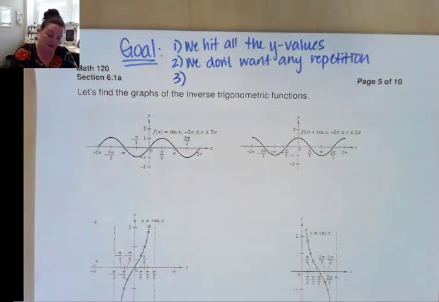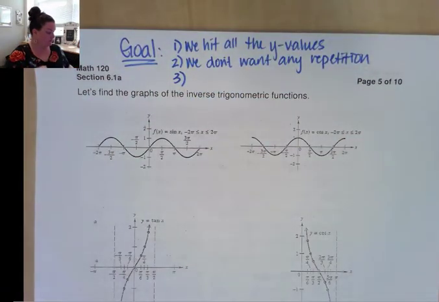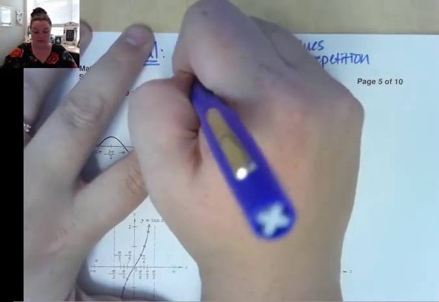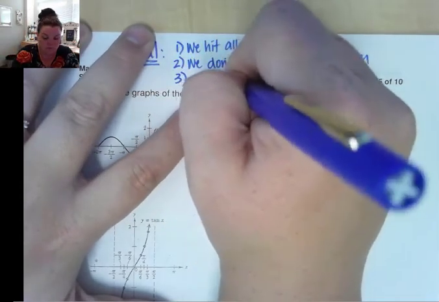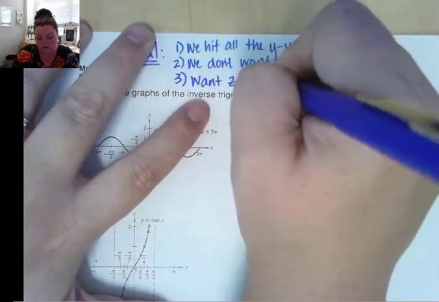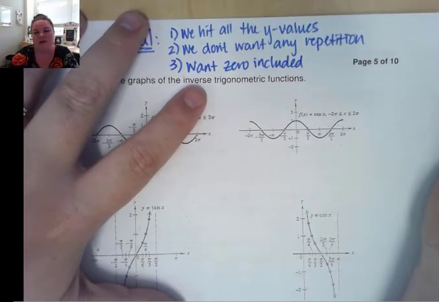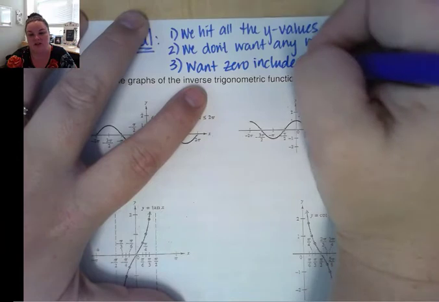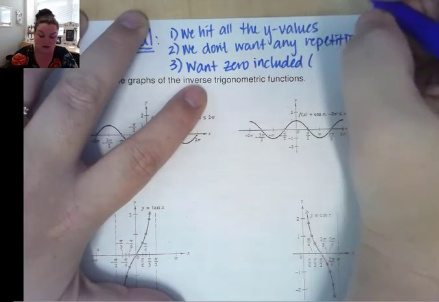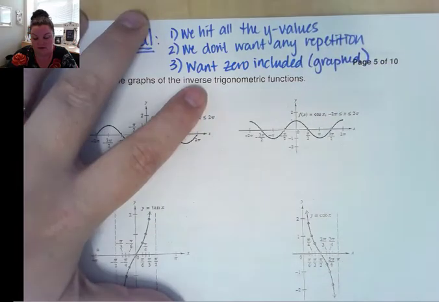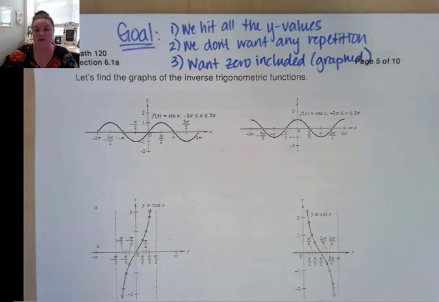And then the third thing is we really want 0 included. And maybe I shouldn't say included because sometimes functions have an asymptote at 0, right? So let's just say graphed, whatever's happening at 0.